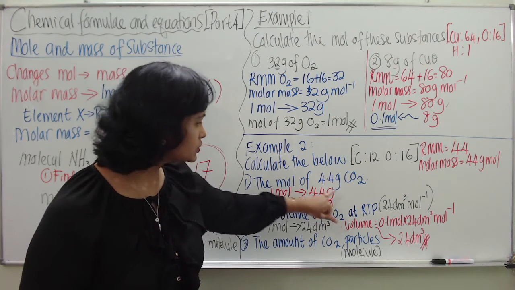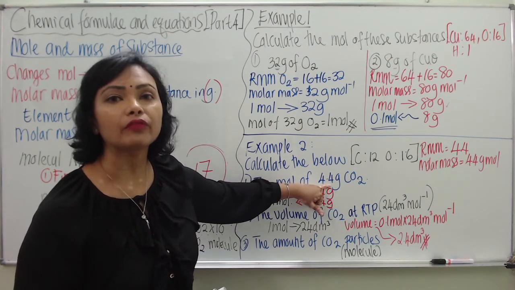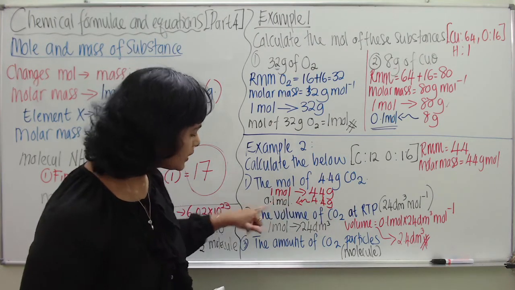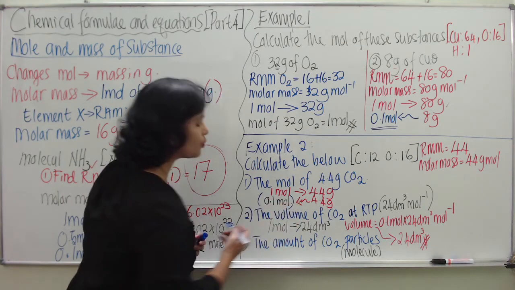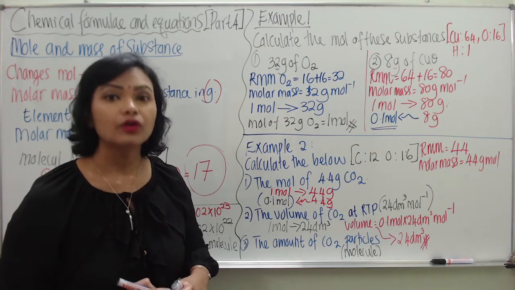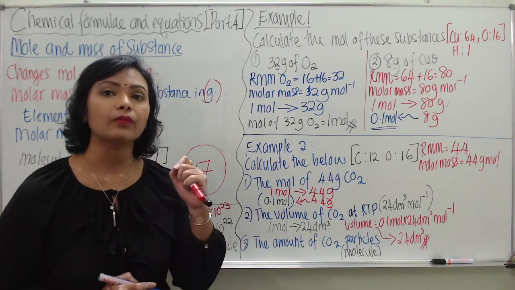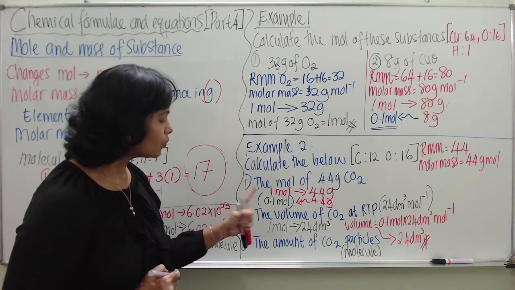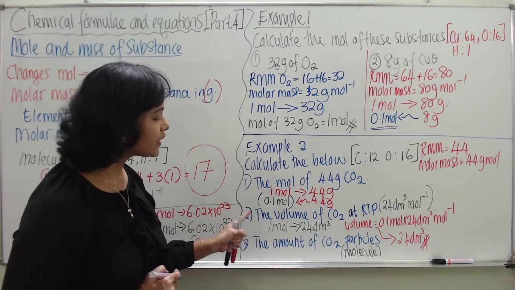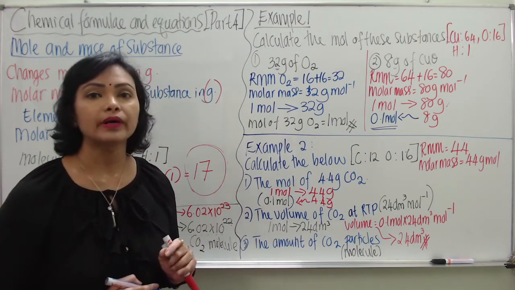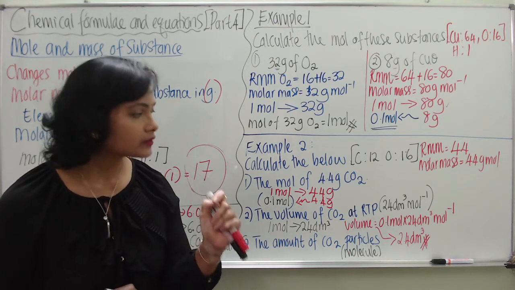But in this question, we only have 4.4 grams. So how many mole? The calculation shows that we have only 0.1 mole available for 4.4 gram of carbon dioxide.